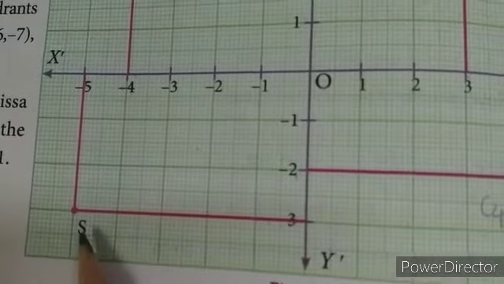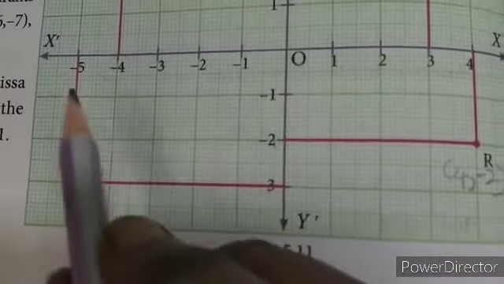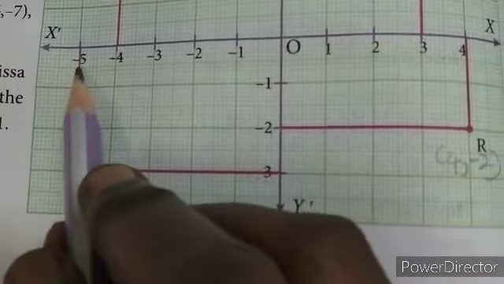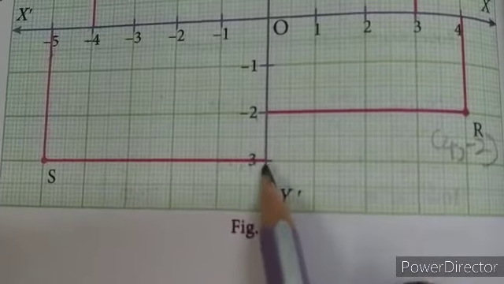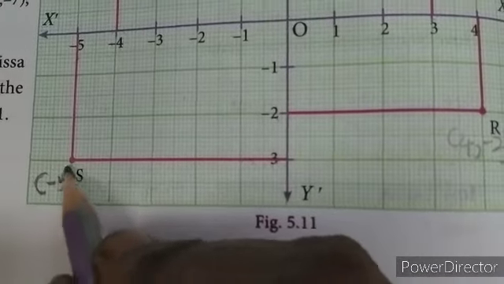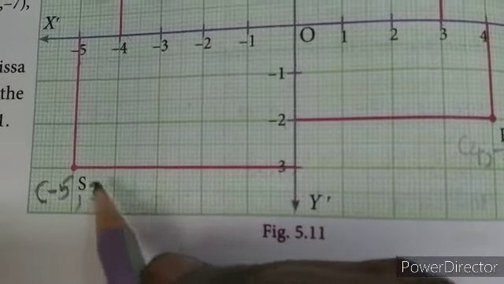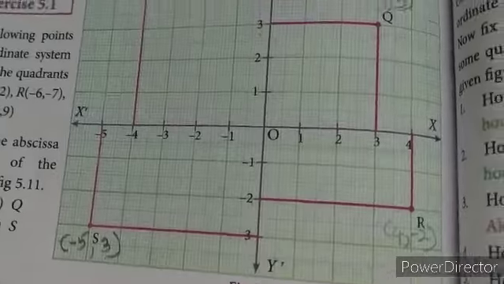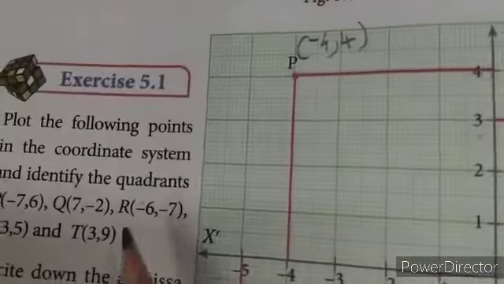And coming to the next point, first you should write the x and then the y. So x is -5 and y is 3. Is it clear, students?